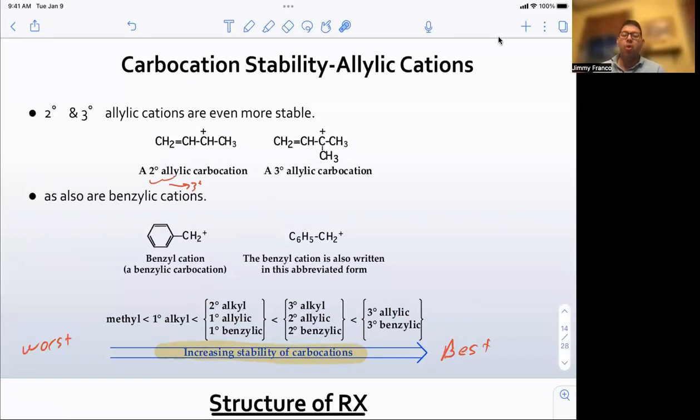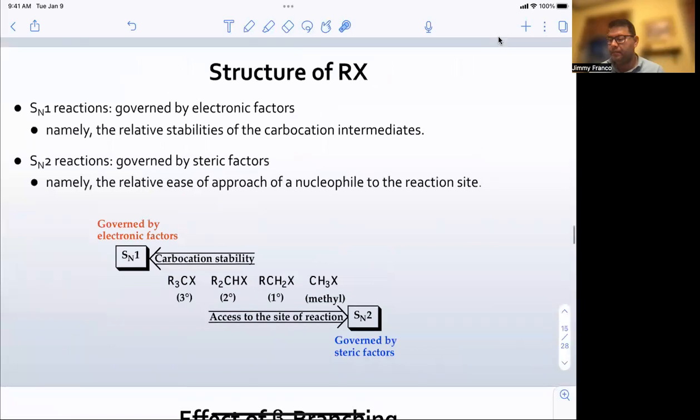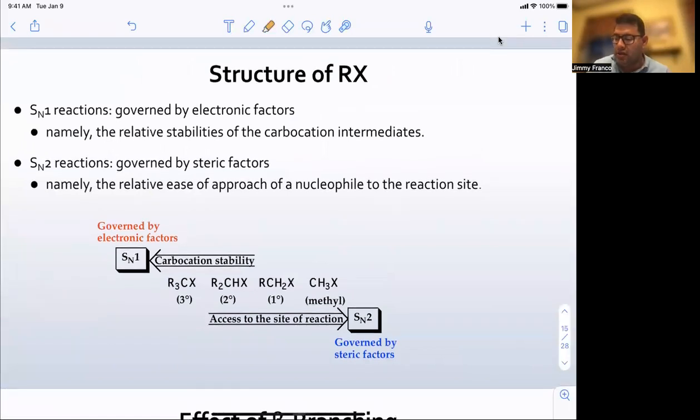The more stable a carbocation is, the more likely it is to happen. And so that's why we care about this. Let me tie this together. The reason we're caring about this is we have SN1 and SN2. We want to look at these reactions and think about how we can predict which one's going to take place. Is it going to be SN1 or SN2?